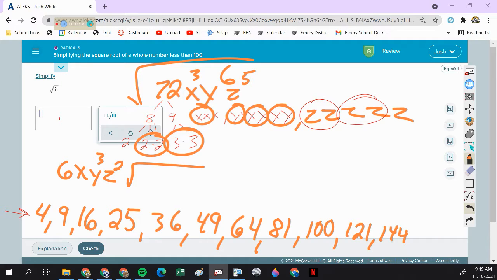I bring out a 2 and a 3, a single x, 3 y's, and 2 z's. Then everything that did not come out just stays on the inside. So 2 stays on the inside, 1x stays on the inside, all of the y's came out, but 1z stayed on the inside. So that is the simplified version.